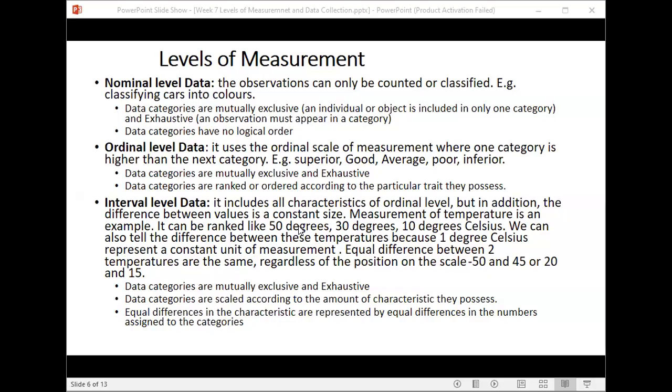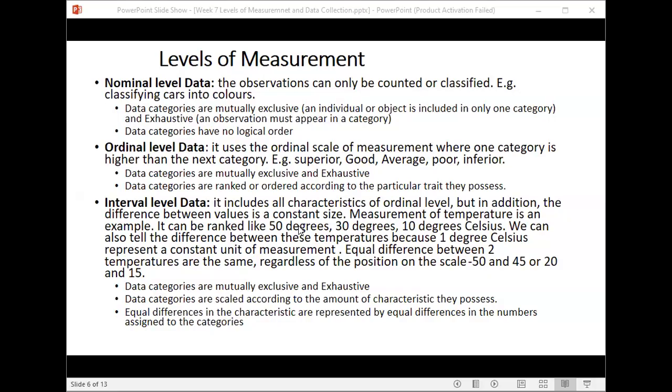So 1 degree measures a certain kind of hotness or coldness. 2 degrees, 3 degrees are all understandable, because every constant unit of measurement is understandable. So between 10 degrees and 30 degrees, the difference is what? 20 degrees. Between 30 degrees and 50 degrees, the difference is what? 20 degrees. So the change in temperature between 10 and 30 and between 30 and 50 are the same, because 1 degree is a constant measurement.